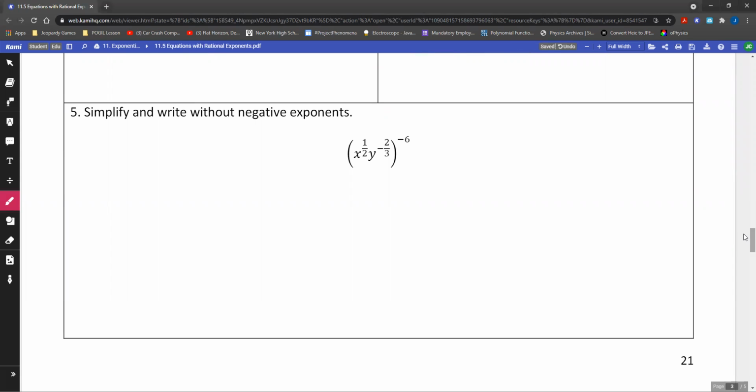Distribute the -6 to both exponents. So it ends up being this, and then minus, well, plus, because -2 times -6 gets us 12/3. So cleaning this up, this ends up being -3 and +4. Because x is to the negative power, we're going to put it in the denominator, and we get this. y to the 4th divided by x cubed.